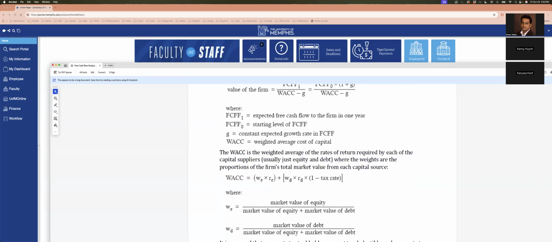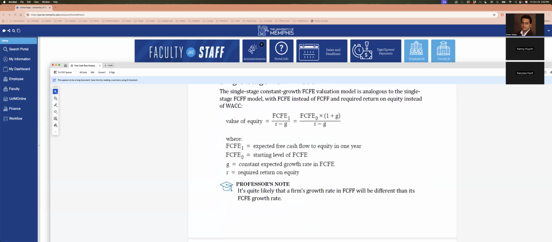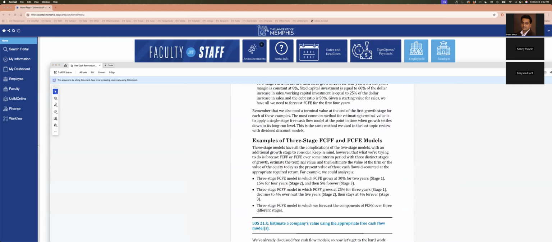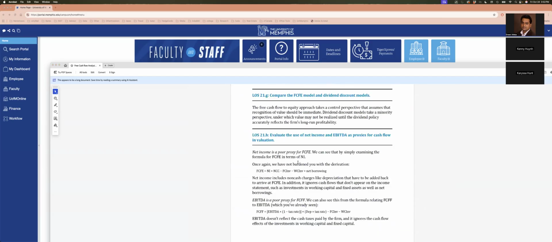Okay, so this is what you see. WACC is the weighted average cost of capital, which is WE times RE plus WD times RD times 1 minus T. You got it? So let's do a math problem here.